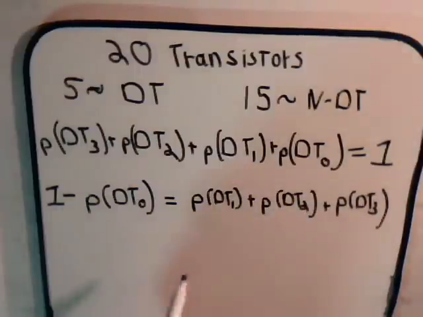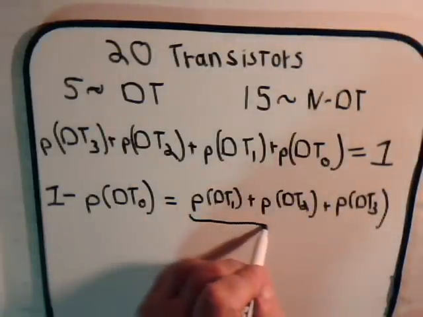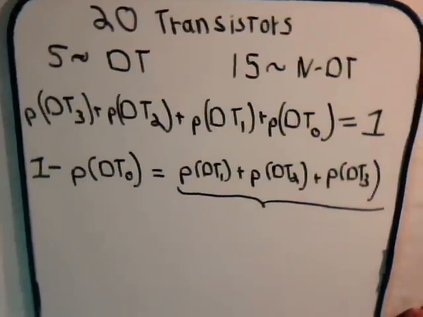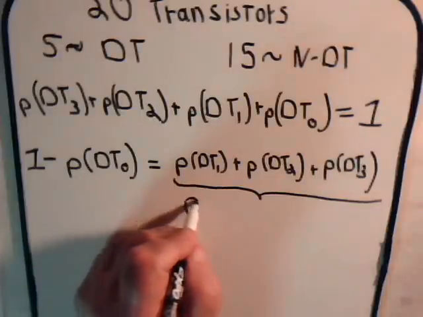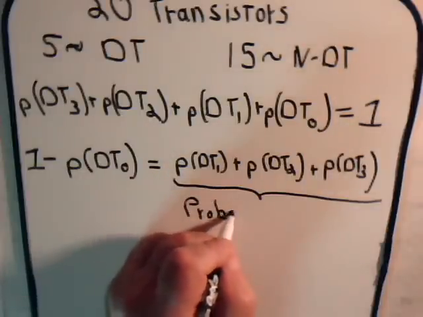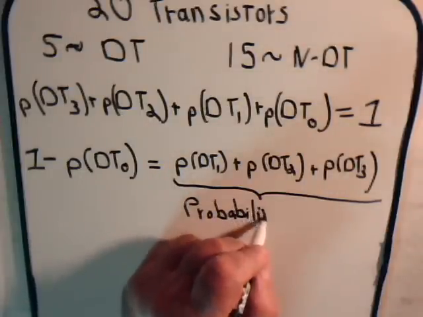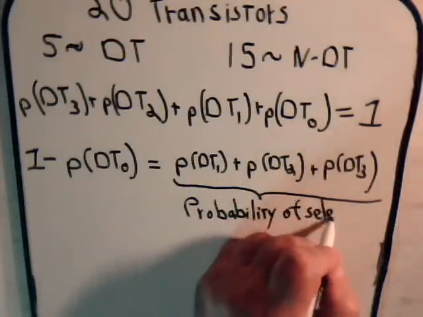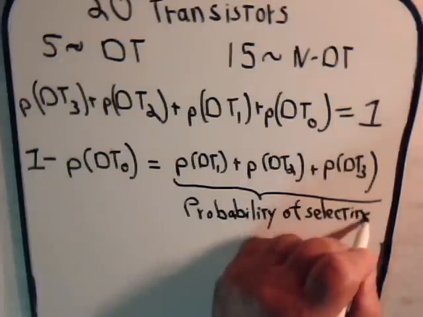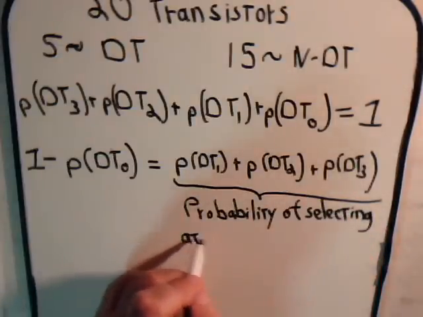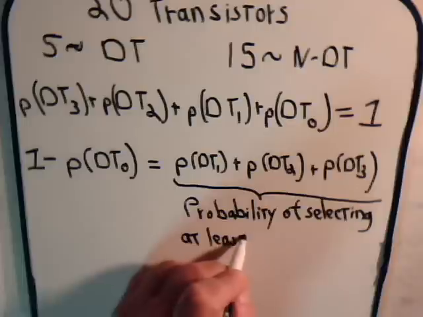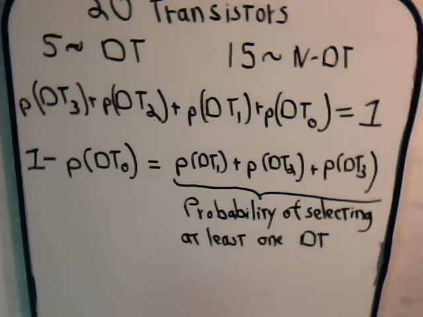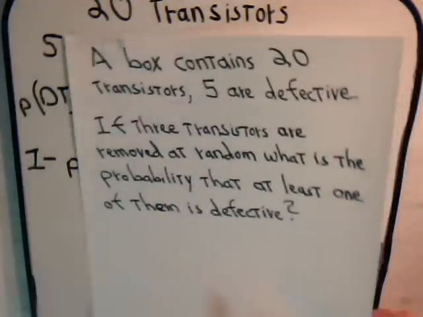Well, this aggregate sum right here, that is the probability of selecting at least one defective transistor. And remember what the problem was. We select 3 transistors.